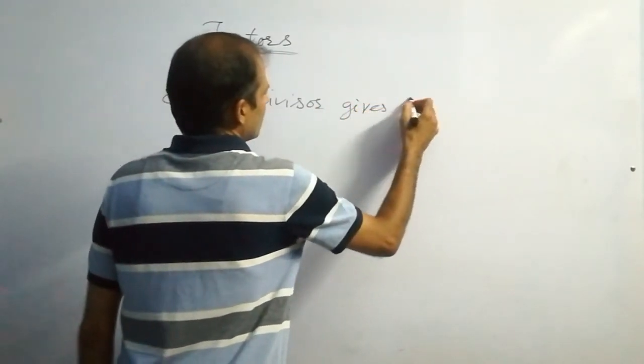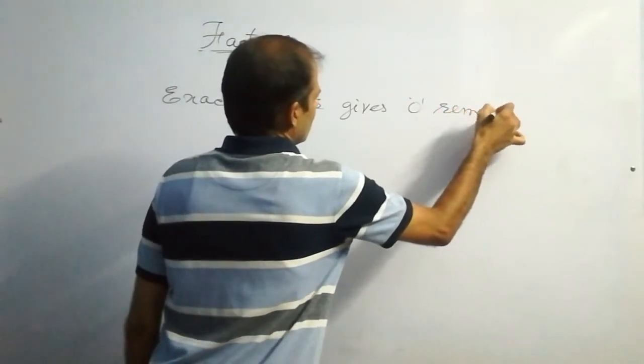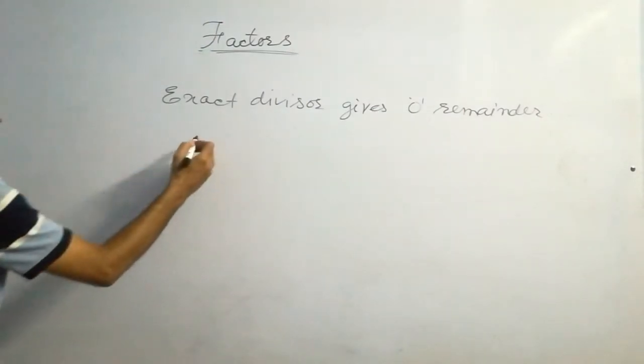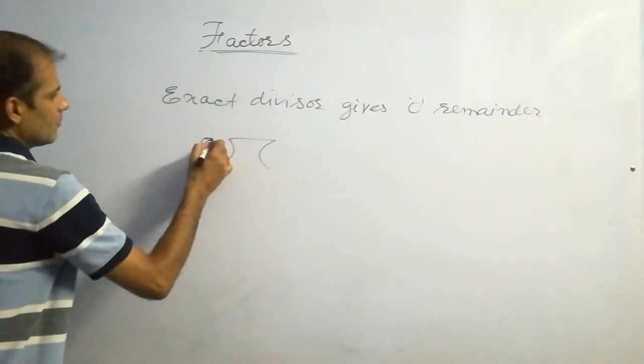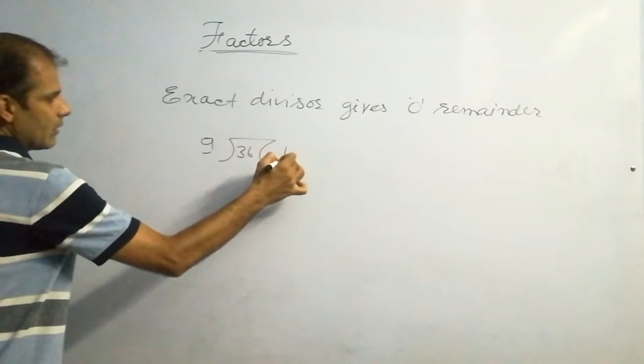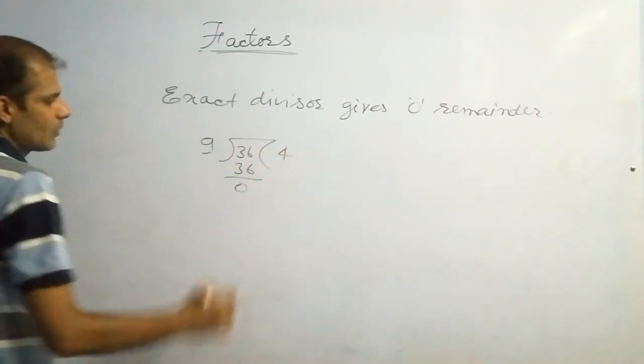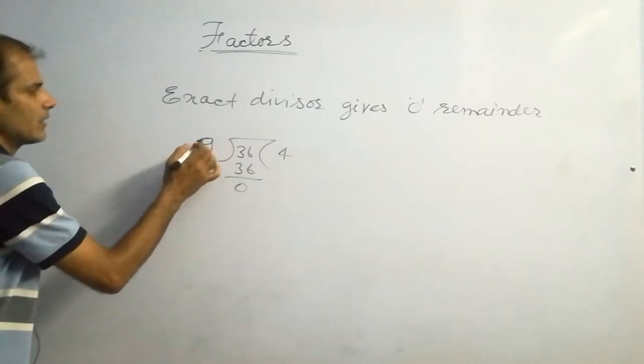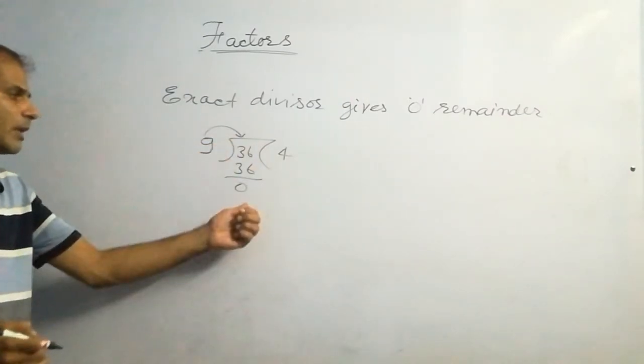Exact divisor gives 0 remainder. Means if you perform this division, then 9 4 ja 36, remainder will be 0. So you can say 9 is the exact divisor of 36 because the remainder is 0.